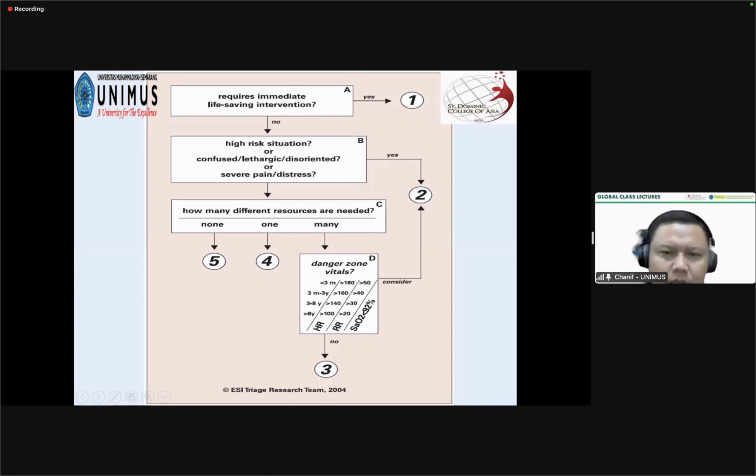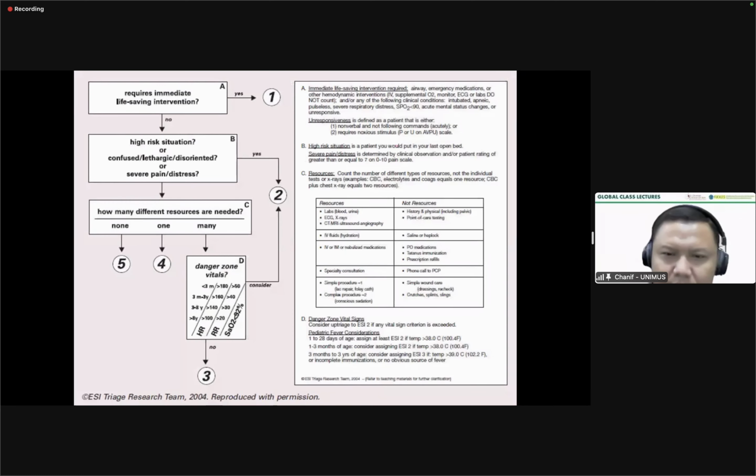So what are the resources needed for a patient? You can check what the difference is between resources and not resources. For example, when the patient is admitted, we need laboratory tests, for example blood, urine, ECG, X-ray, CT scan, MRI, ultrasonography, angiography, and so on. Those are resources.